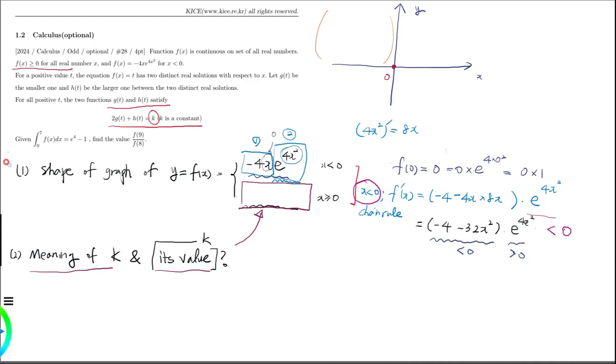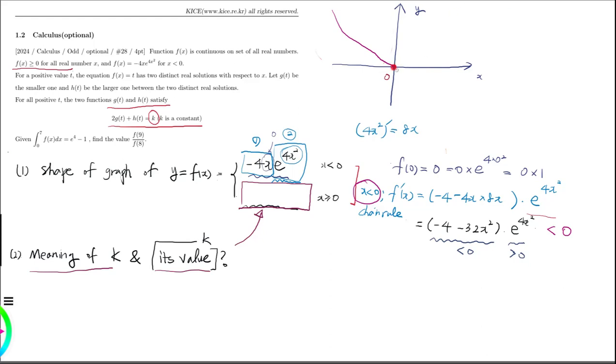So the shape of the graph in the negative domain roughly looks like it decreases and passes through the origin.